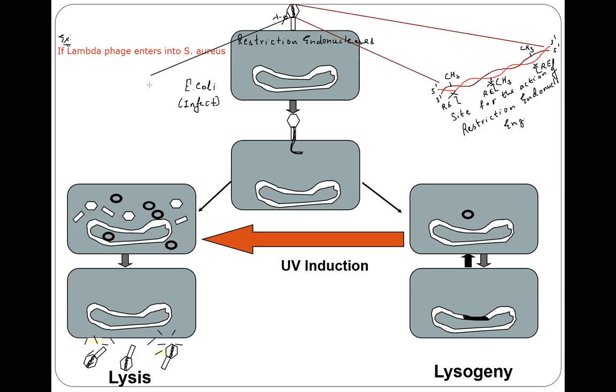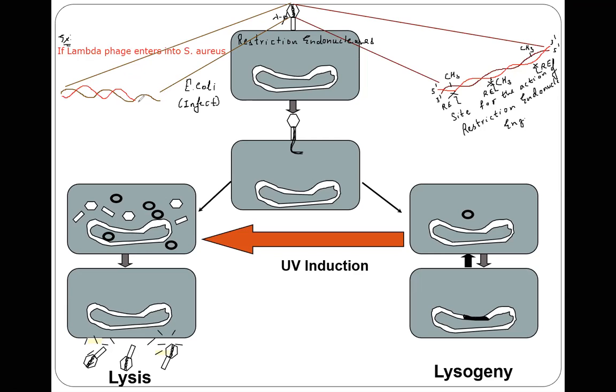If this is going to enter into an organism such as Staphylococcus aureus, then the genetic material of the lambda phage will not be able to protect itself from the Staphylococcus aureus, and it is going to die off. How? Look here. Now the genetic material won't have that type of methylation that is needed for its protection against the staph.